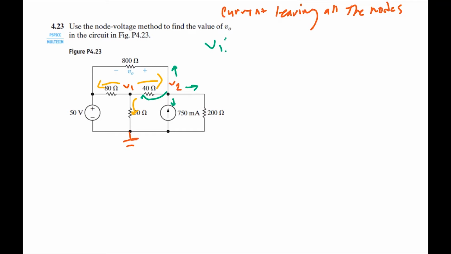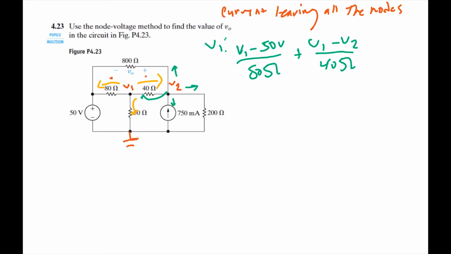We'll do this by saying, all right, we have this current here at V1, and the next voltage potential is 50 volts. So that's V1 minus 50 volts over 80 ohms. And then there's another current going from V1 to V2, which we denote as V1 minus V2 over 40 ohms.